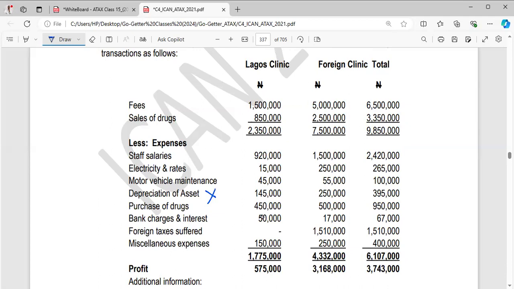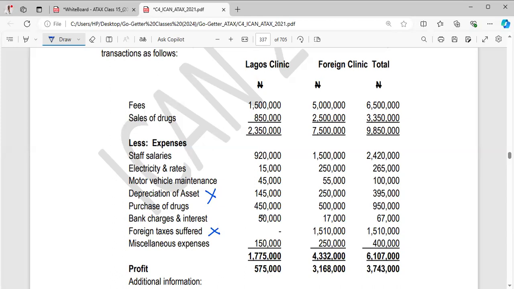Now we look at foreign tax suffered. Foreign tax suffered, it is an allowable tax, but we are going to add it back. I'll tell you why. Why are we adding back foreign tax? We add back foreign tax so that we will derive our total assessable profits.